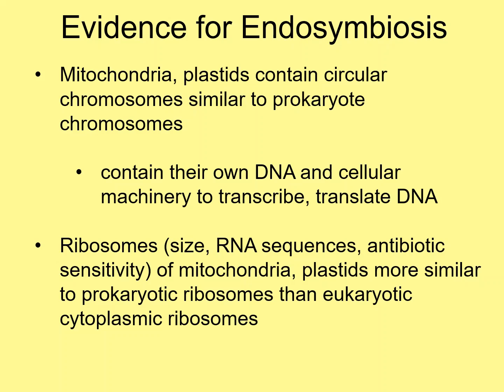Well, mitochondria and chloroplasts have a circular genome, just like modern prokaryotes. And their ribosomes are much more similar, almost identical, to the ribosomes of prokaryotes. They are very different from eukaryote ribosomes, which is interesting, down to their sensitivity to antibiotics, right?